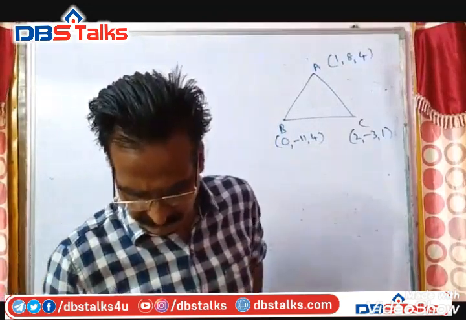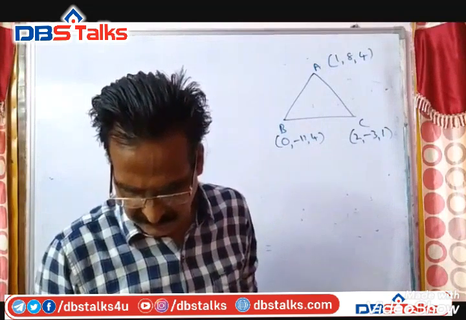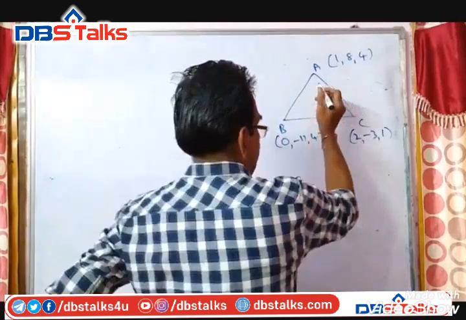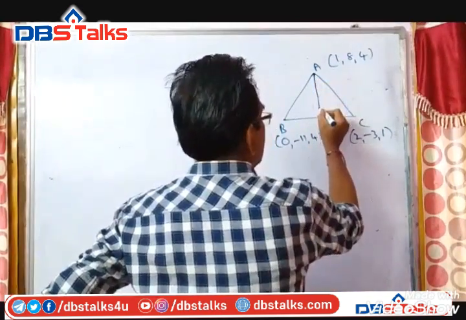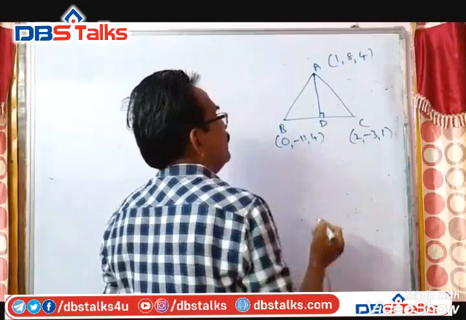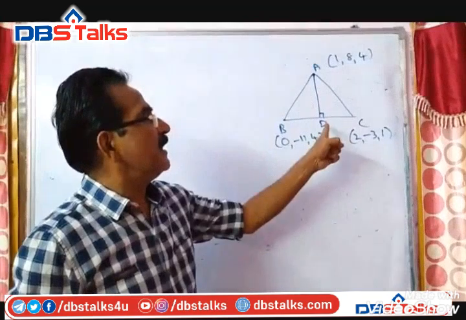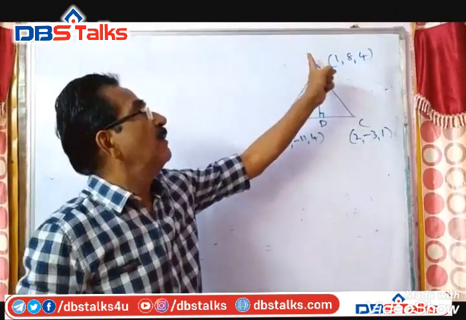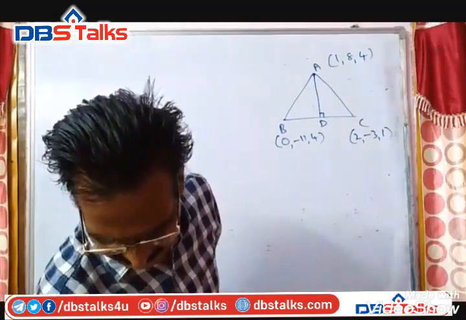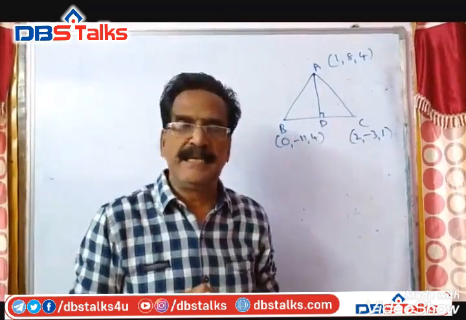These are the coordinates of A, B, C. We need the coordinates of a point D, which is the foot of the perpendicular from A on BC. See, D is the foot of the perpendicular from the vertex A. Our question is finding the coordinates of point D.